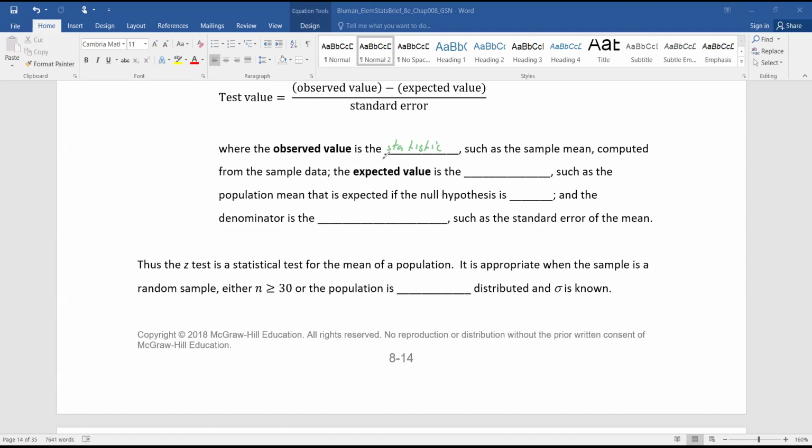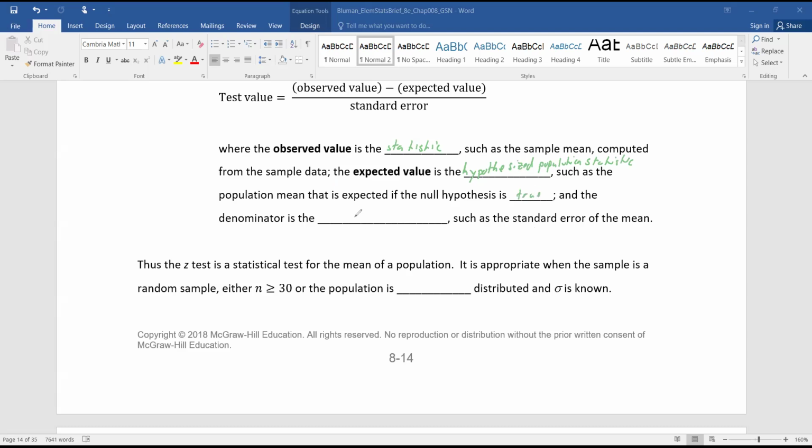The expected value is the hypothesized population statistic, such as the population mean that is expected if the null hypothesis were true.